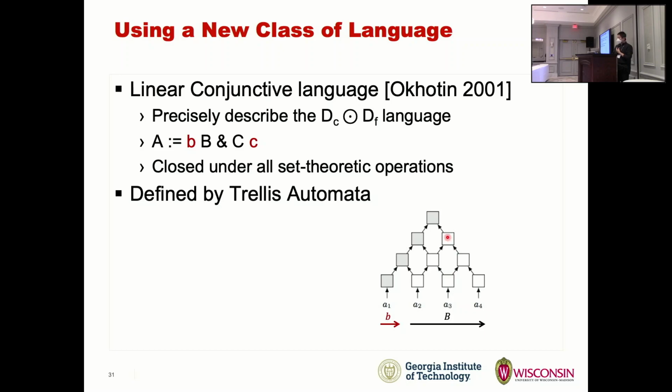At the same time, the last character, meaning A4 here, should be small letter c, and the remaining part should be derived from another non-terminal C, meaning that C is somewhere here. That's why we have this triangle representation.